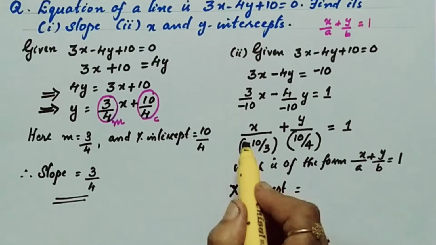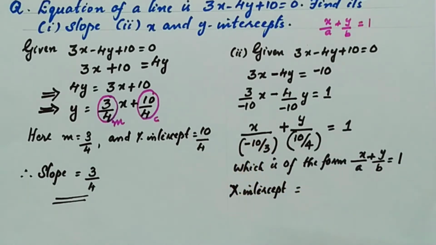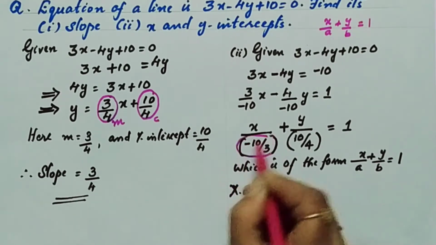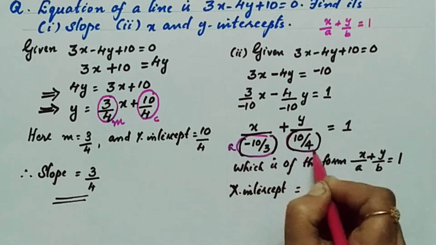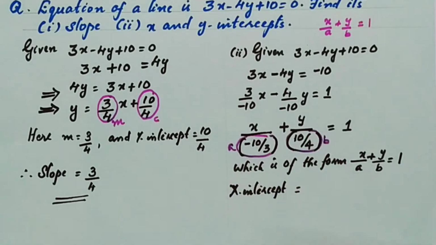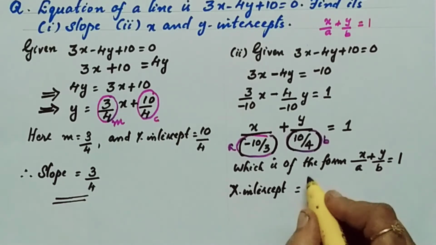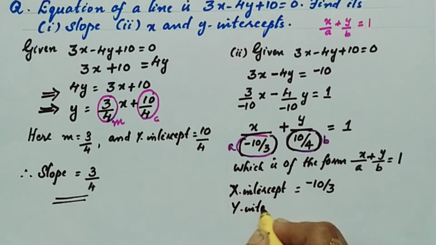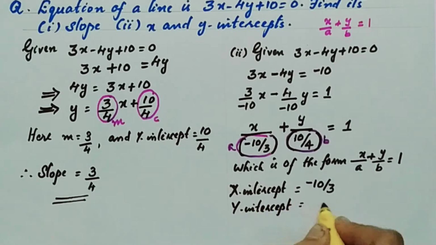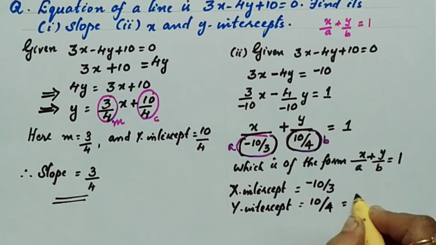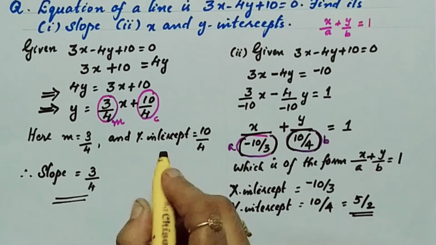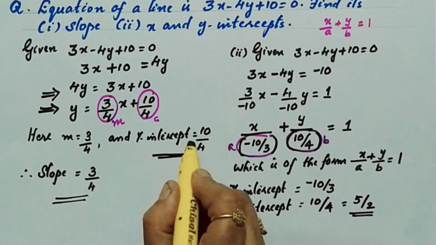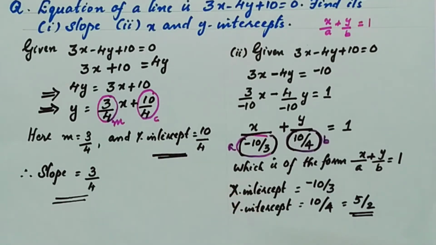Therefore, the x-intercept is minus 10 by 3 and the y-intercept is 10 by 4, which is the same as 5 by 2. Listen to the question also. Here also you got the value for the y-intercept as 10 by 4 or 5 by 2. So this is the way you need to convert the given equation for finding the slope or the intercept form.